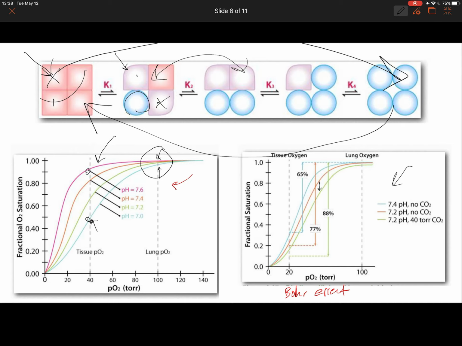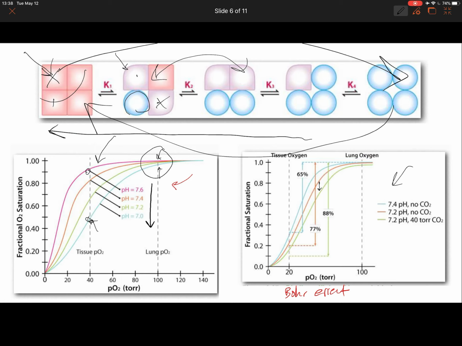And so, to understand why an increase in hydrogen concentration, aka a decrease in pH, lowers the affinity, it's because these are creating interactions between amino acids that stabilize the T state. And the T state, remember, is the tense state, and that's the one that reduces oxygen binding.